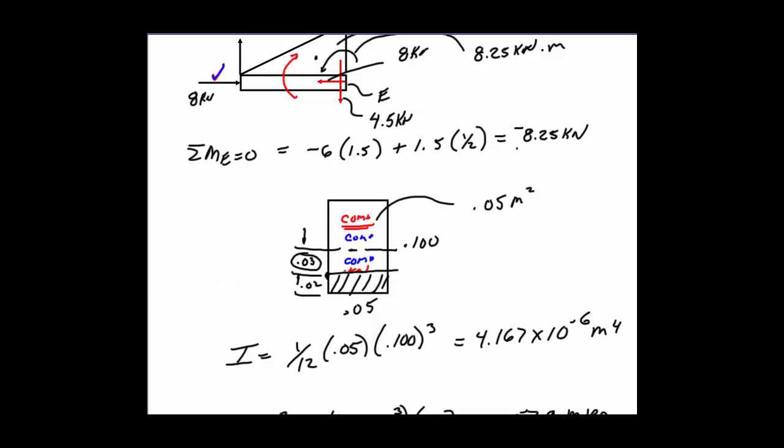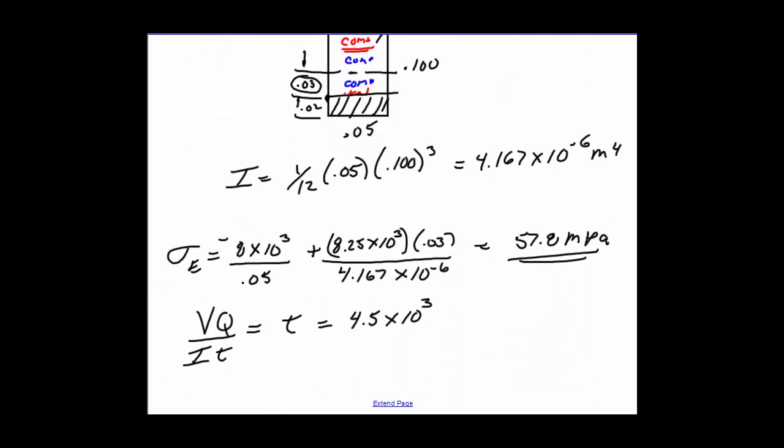So the Q value here is going to be 0.02 times the thickness, which is 0.05. That gives you the area. Now the distance we're looking for is from here back to the center line here, or the CG of this cross section. So we come up 0.03 and then come back another 0.01.